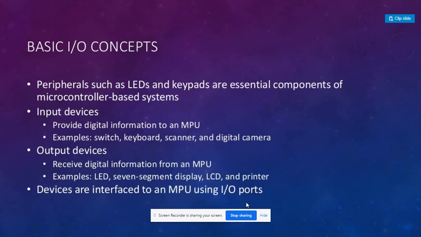So the peripherals such as LED and keypads are the essential components of the microprocessor based system. The input devices provide the digital information to the microprocessor, and examples of input devices are switches, keyboards, scanner, digital camera, etc. In the same way, there are output devices, for example LED, 7 segment display, LCD, and printers.